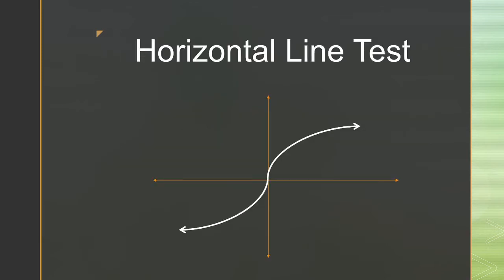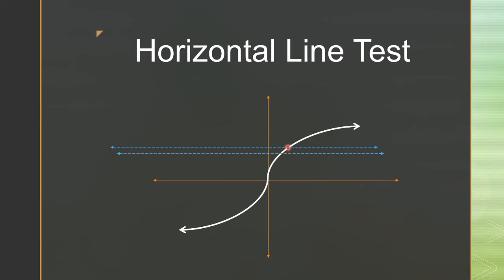Okay, when we say one-to-one function, we can also clearly identify it using only the horizontal line test. Pag sinabi nating horizontal line test, eto yung pag nag-graph natin yung given function, dapat daw meron lang tayong only one point of intersection here.